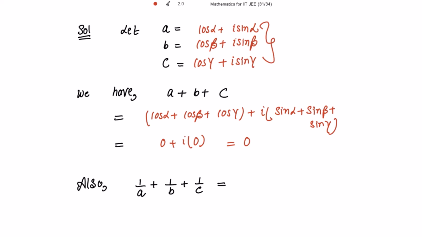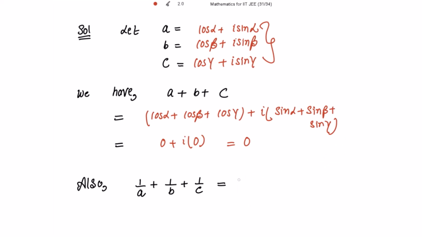Let's consider the sum of the reciprocals of A, B and C, right? That is 1 over A plus 1 over B plus 1 over C. We get 1 over A, that is cos of alpha plus iota sin of alpha. Can I write this as (cos of alpha plus iota sin of alpha) to the power -1? Yes.